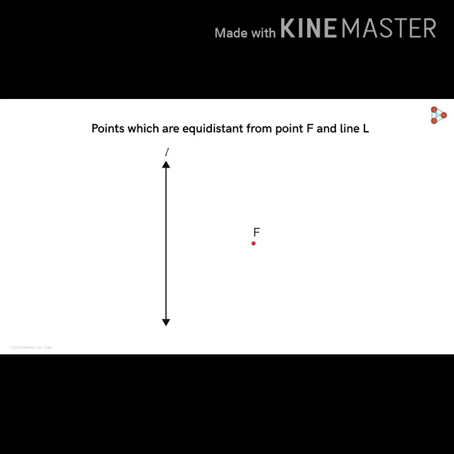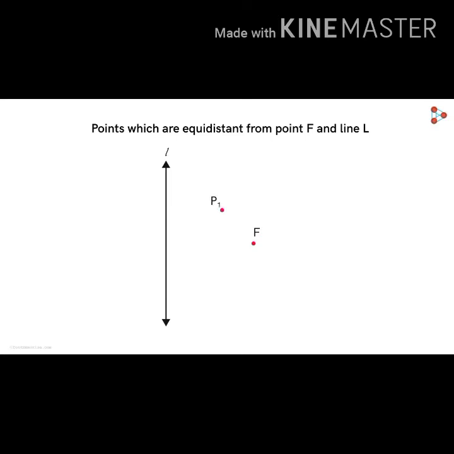Take a point on a plane and name it as F. Also, let's take a straight line and name it as L. We will now consider points which are at equal distance from F and the line L. Consider P1 to be one such point.